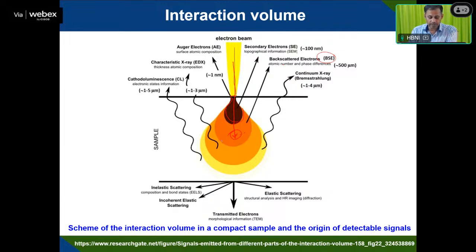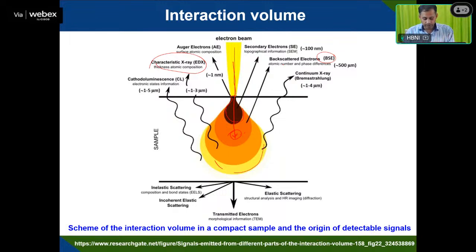Going further inside, there will be X-ray analysis, where the characteristic X-ray is produced, so you can use EDX analysis, or you can produce continuous X-ray background radiation, and beyond that you will see some cathodoluminescence. In addition, some electrons will be transmitted.